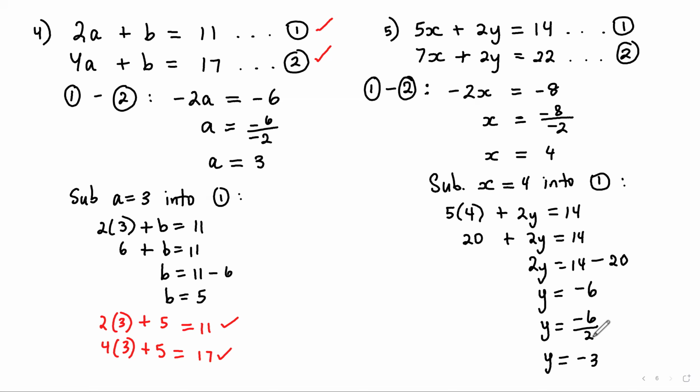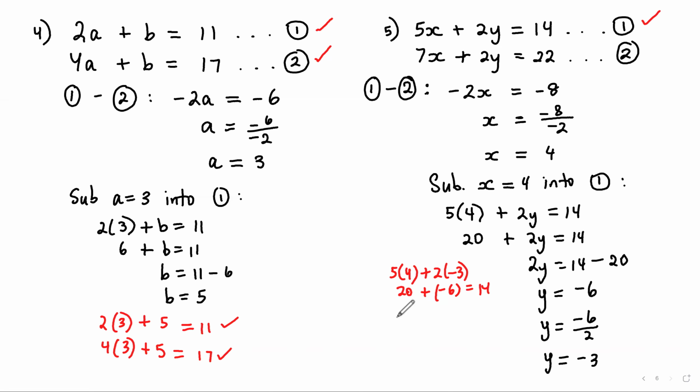And in the same breath, just like you could check your answer with the positive numbers, you can check your answer with the negative numbers as well. So it's 5x plus 2y. So let's see. 5 times x, which is 4, plus 2 times negative 3. Well, 5 times 4 is 20, plus, sorry, 2 times negative 3 is negative 6. So 20 take away 6 is actually equal to 14. So that is correct for equation 1.